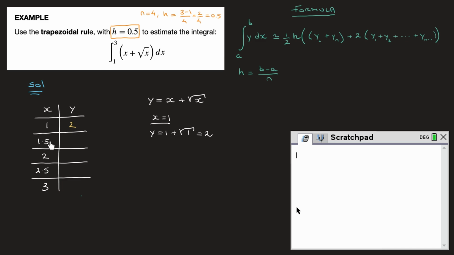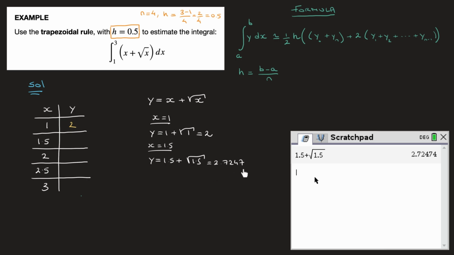Then when x equals 1.5, y will be equal to 1.5 plus the square root of 1.5. And so on my calculator, if I quickly calculate that, 1.5 plus the square root of 1.5 gives us 2.7247.